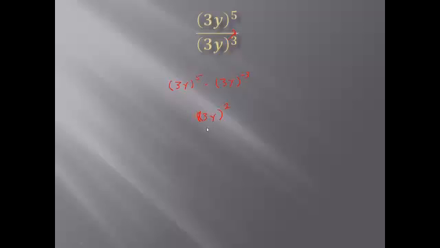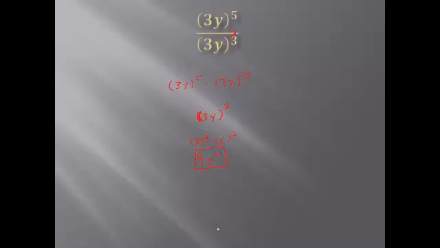Now that makes that problem a lot simpler than distributing that 5 and distributing that 3 as an exponent to those bases first. Because now this makes this simply 3y squared, which is 3 squared and y squared. 3 squared is 9, and y squared is simply y squared.